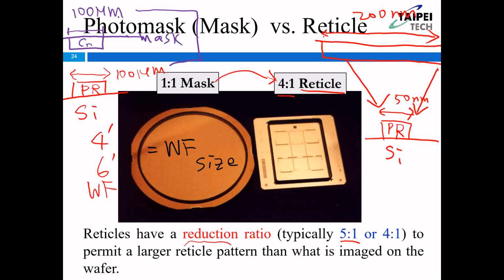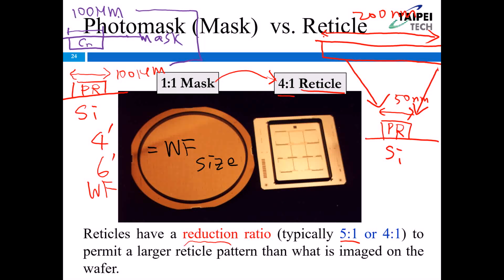So we have some lens between the reticle and the PR. So finally, this 200 nanometer will become only 50 nanometer on top of the silicon wafer. So we have some optical lens, the projection lens, we have some projection lens between the reticle and the PR.